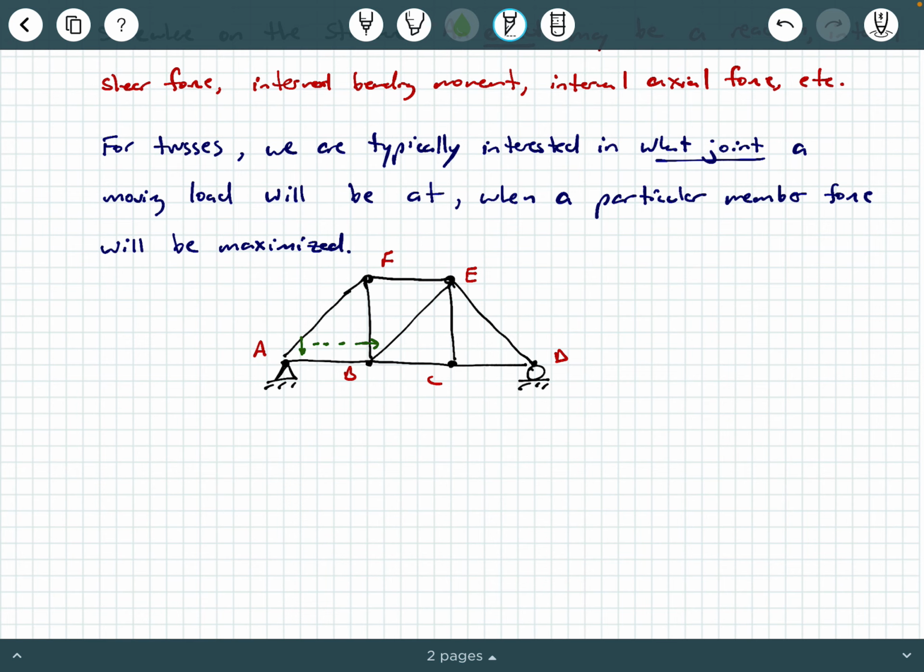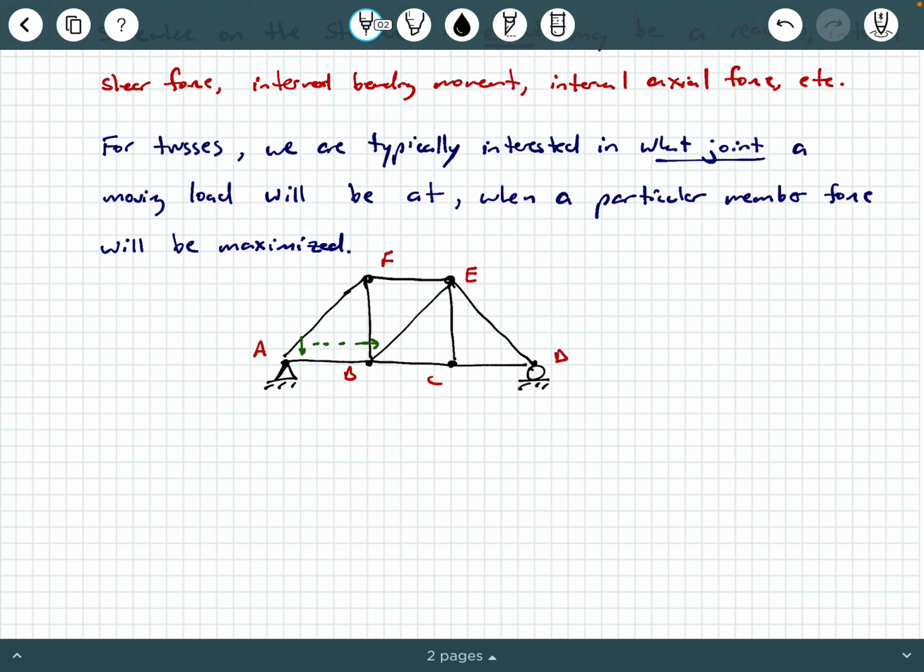Or where on this truss would this load be placed to cause a maximum force in member BE? We can keep asking this question. Where on this truss would this load be as it's moving along that will cause a maximum effect in one of these members? Okay, that's the question and the discussion that we're having. Okay, so how do we do this is the question.